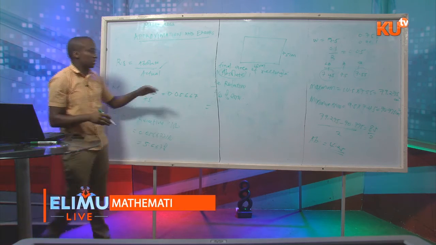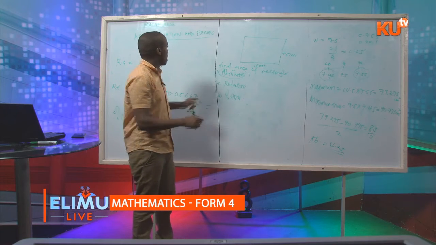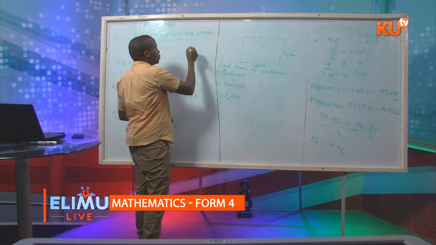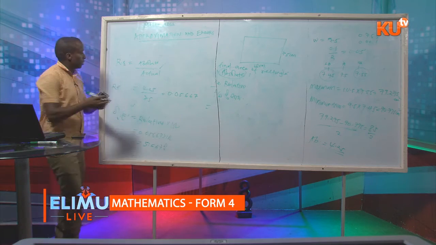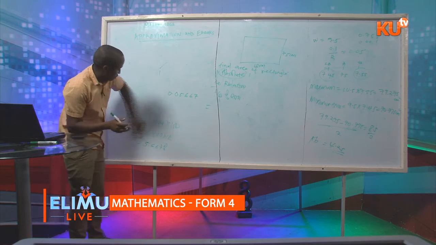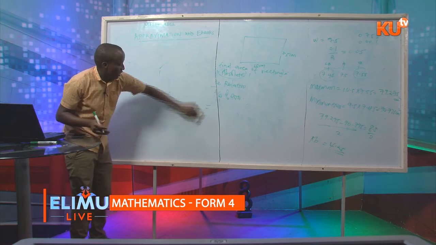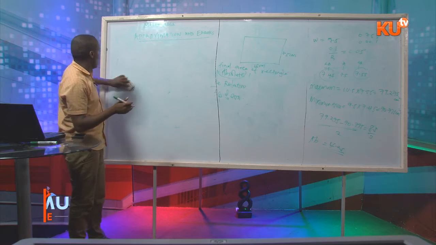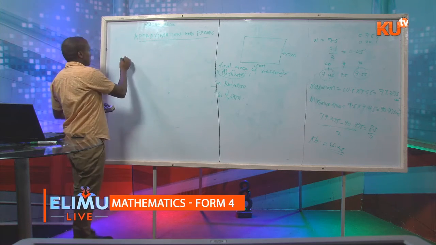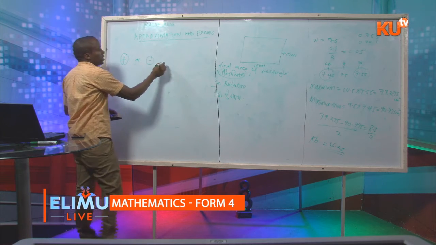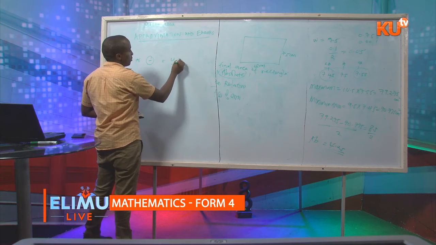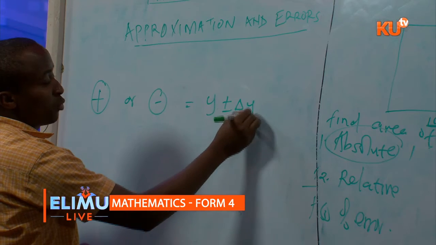The actual formula of the absolute error changes with the different computations. When it comes to plus or minus, it is either the change of y plus or minus, which is very simple.